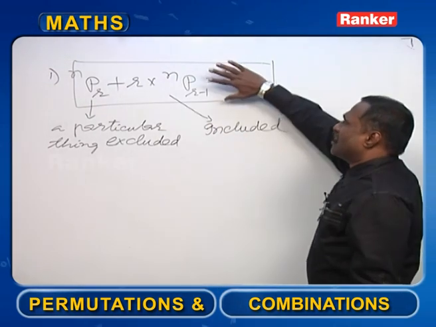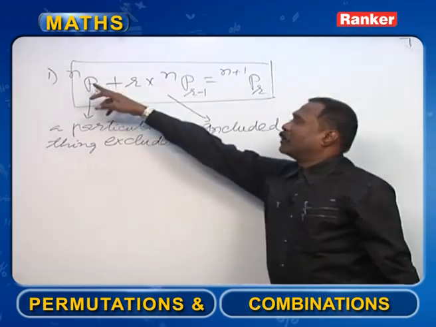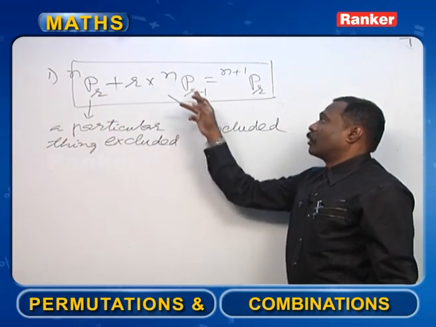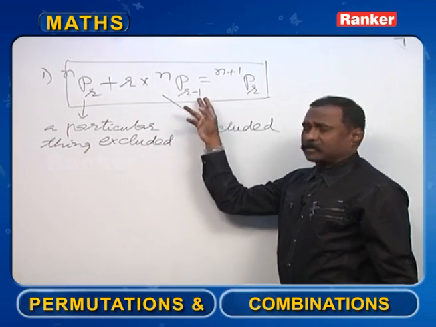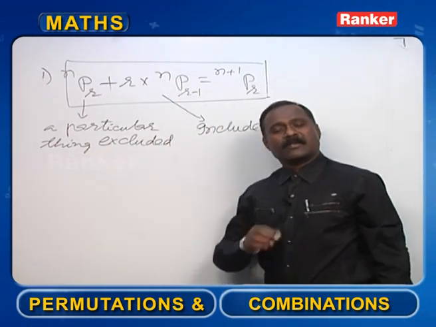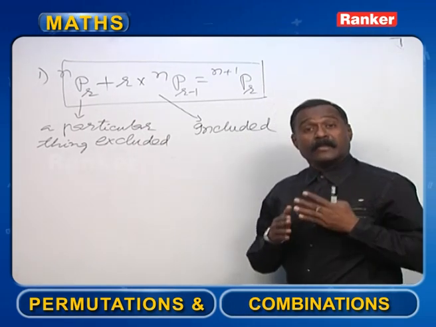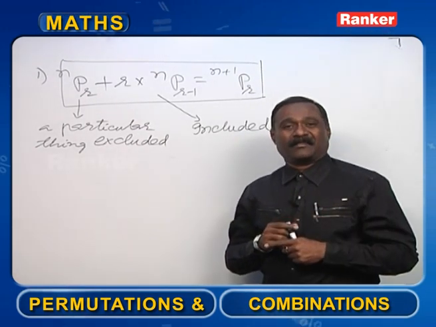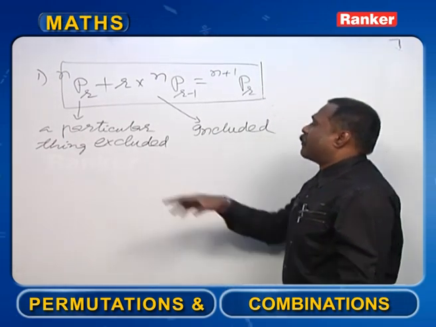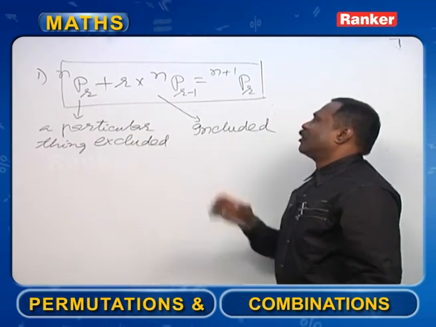Of course, if you want to derive this, you can apply the formula n factorial by (n minus r) factorial, and here also n factorial upon (n minus r plus 1) factorial, and if you simplify, you will get this. But you must always say this formula using the principle of counting or the fundamental theorem of arithmetic. What does it mean? A particular thing excluded, a particular thing always included.